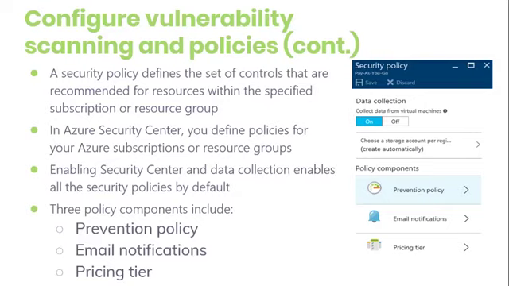When you enable Security Center and data collection, all the security policies are enabled by default. The policies are inherited from the subscription down to the resource group. However, you can control the security policy individually at the resource group level.